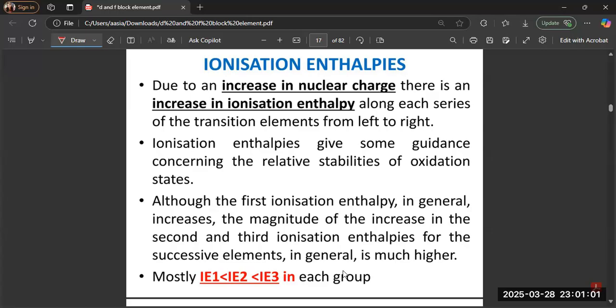So first ionization enthalpy is less than the second, and then the third. Mostly, first ionization enthalpy is less than second, which is less than third. So the third ionization enthalpy is higher among all.